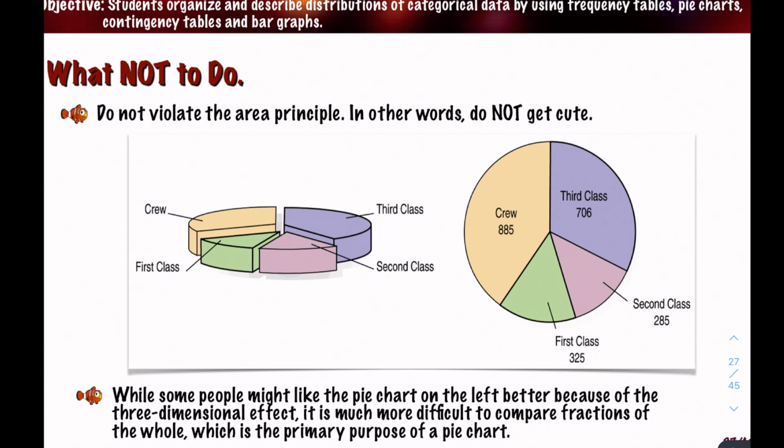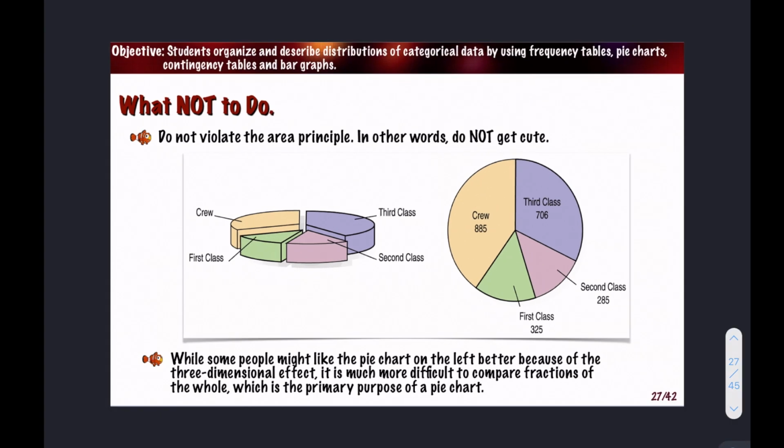While some people might like the visual of the pie chart on the left, the one on the right is better, because the 3D version is much more difficult to compare fractions of the whole, and that's the primary purpose of a pie chart. So don't try to be cute. Simple as that.